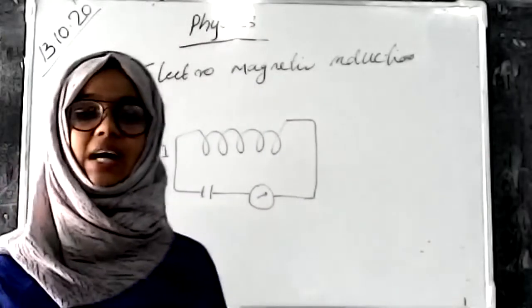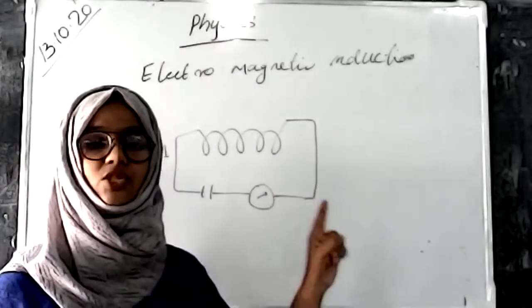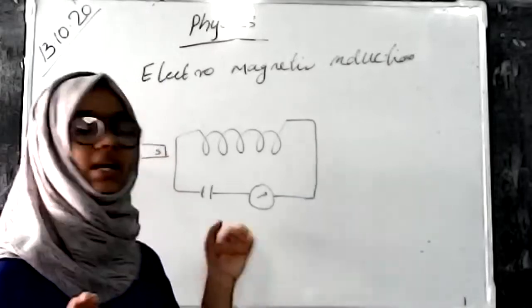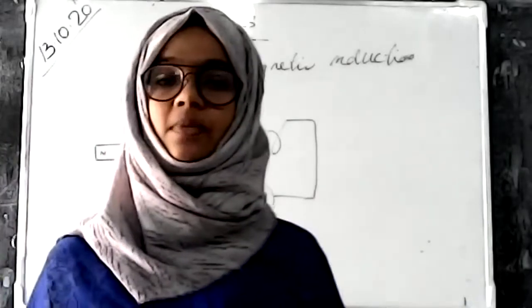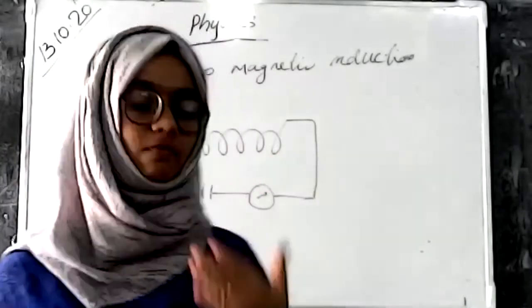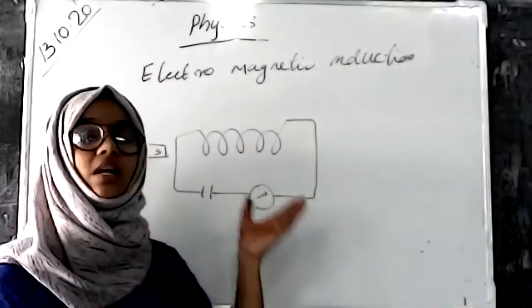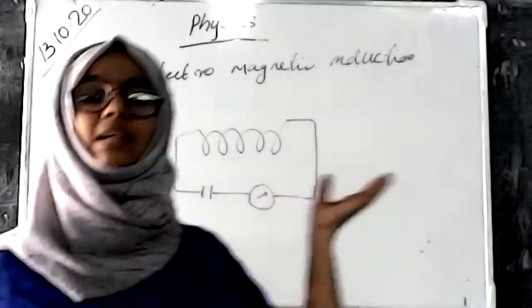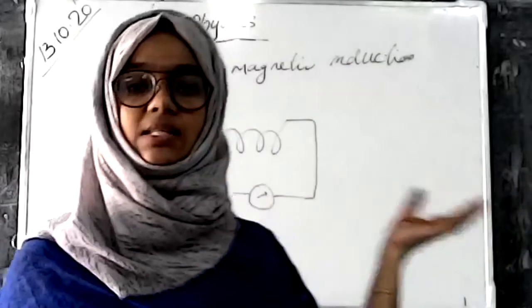So what is that deflection? That deflection shows that an electric current is produced here, and we say that an induced current is here.